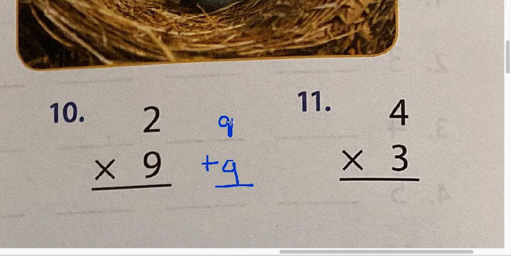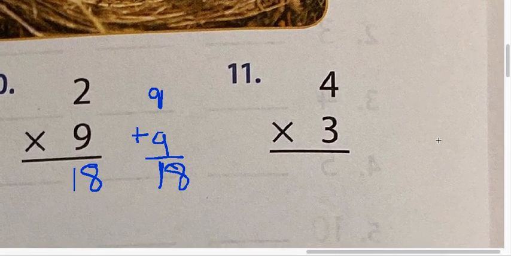We have 9 plus 9 equals 18, or 2 times 9 equals 18. Now this only works for this type of multiplication. If you have 2 as your factor, that means you just double the other number. Okay?